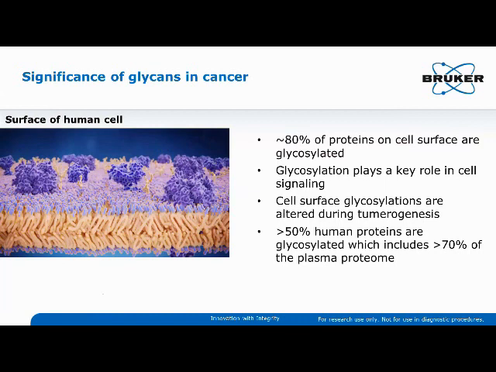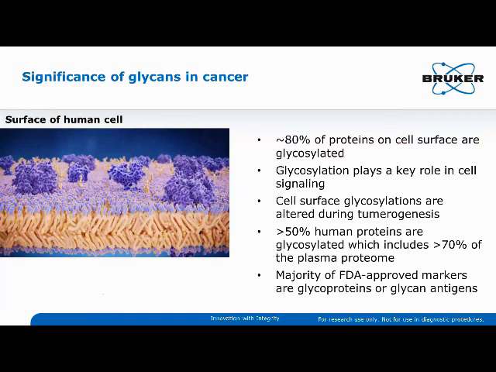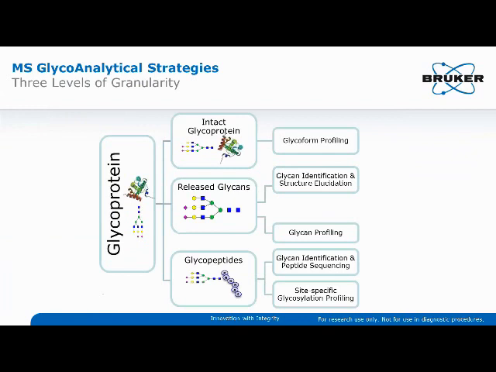So eventually we'd like to identify things that could be markers for minimally invasive assays. And the majority of FDA-approved markers are in fact glycoproteins or glycan antigens. So it's clear that glycans and the identity of glycans certainly play a significant role in tumorigenesis and so on.